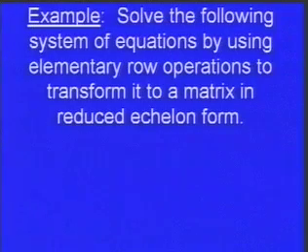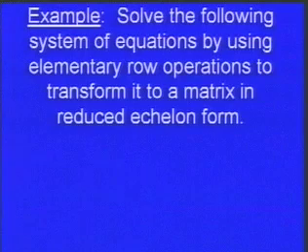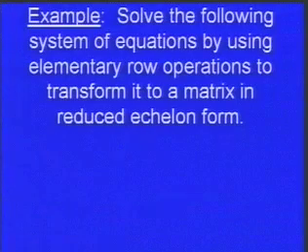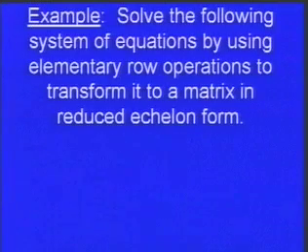All right, now that you know what reduced echelon form is, let's see how to use it and how to get it. Solve the following system of equations by using elementary row operations to transform it to a matrix in reduced echelon form. In other words, we want to use Gauss-Jordan elimination, and reduced echelon form is going to tell us when to stop using the elementary row operations, when to say we're finished.